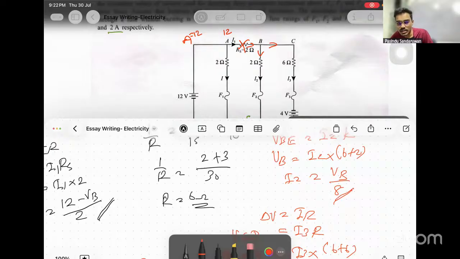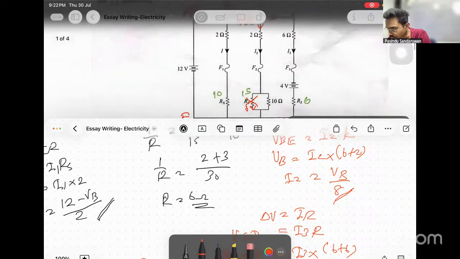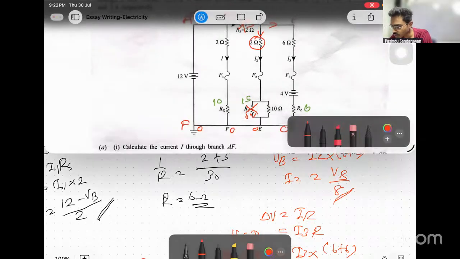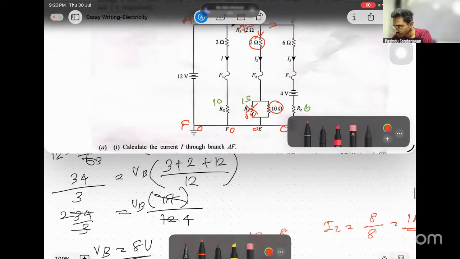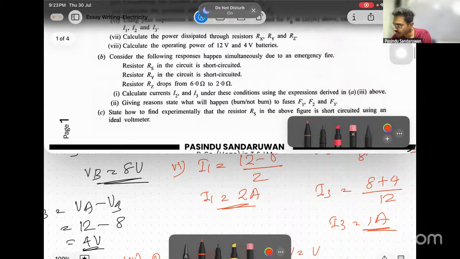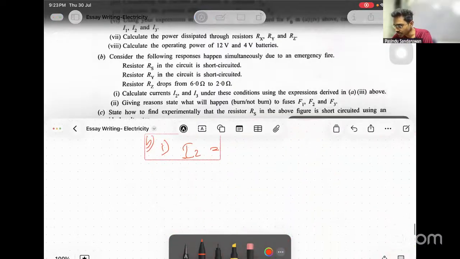I2 is VB over 8. Then to find I2, if there is no current through this, then the total resistance becomes 10 and 2, that is 12. Calculate the current I2. First we need only I2.